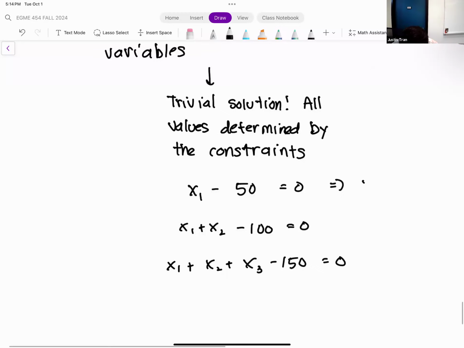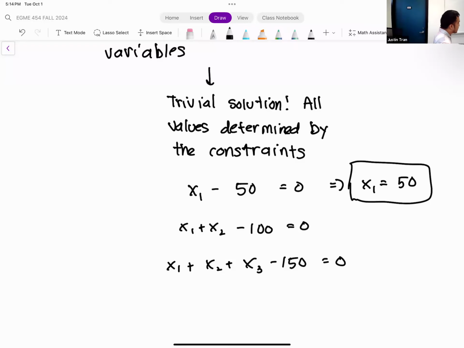From the first equation, we can see that x1 is equal to 50. Thankfully, this is a pretty easy algebraic system to solve. We just go from one equation to the next. We plug x1 equal to 50 into the second equation, and that gives us x2 equal to 50. We plug that result into the last equation, and we end up with x3 equal to 50.